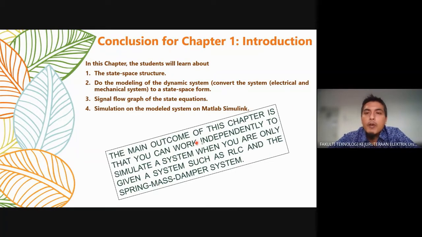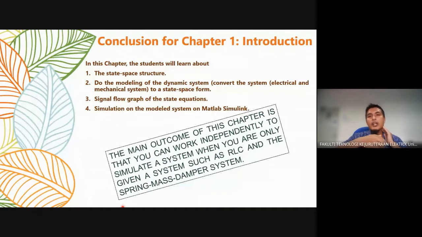The main outcome of this chapter is that you can work independently to simulate a system when you are only given a system such as an RLC circuit or a spring mass damper system. I give you a circuit, and then you convert the circuit into state space, transfer it to MATLAB Simulink and see the results. This is what will be covered in your lab 1.